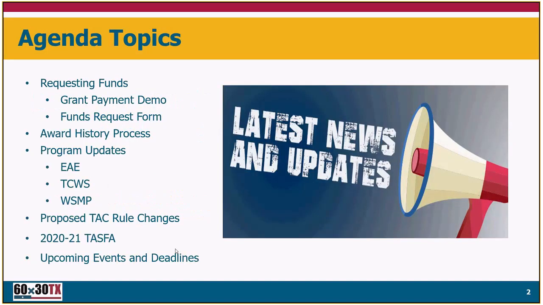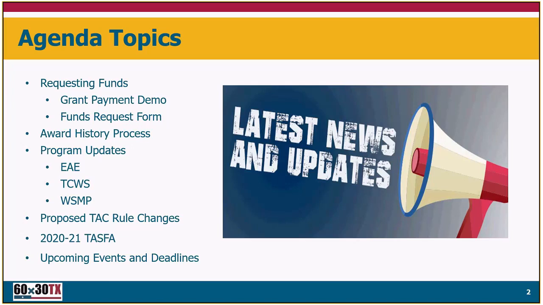So on today's agenda, we're going to be talking about requesting funds for grant payments and some of the other programs through the state. I'll also be going through the award history process that people can do either online through CBPass or through Move It. I'll be talking about several program updates that have come about through Educational Aid, Texas College Work Study, and the Work Study Mentorship program.